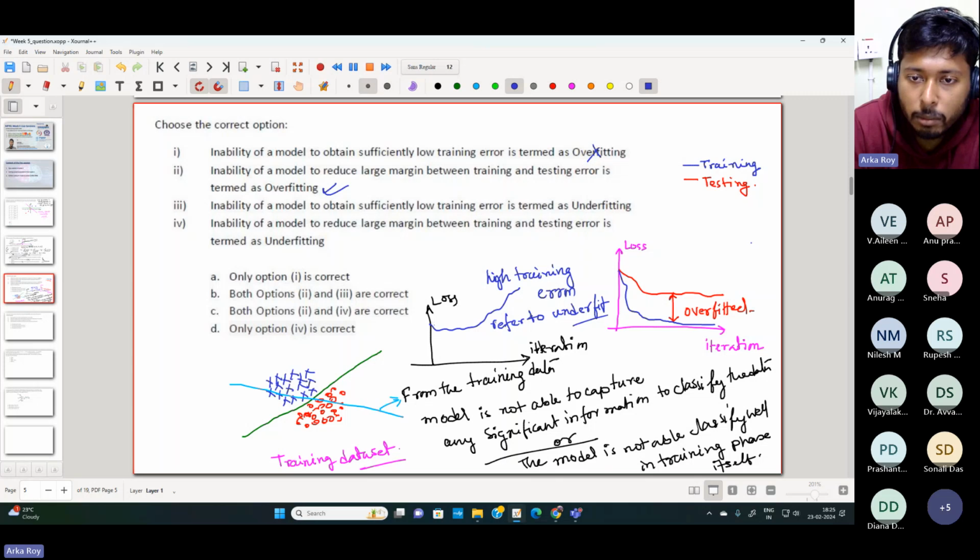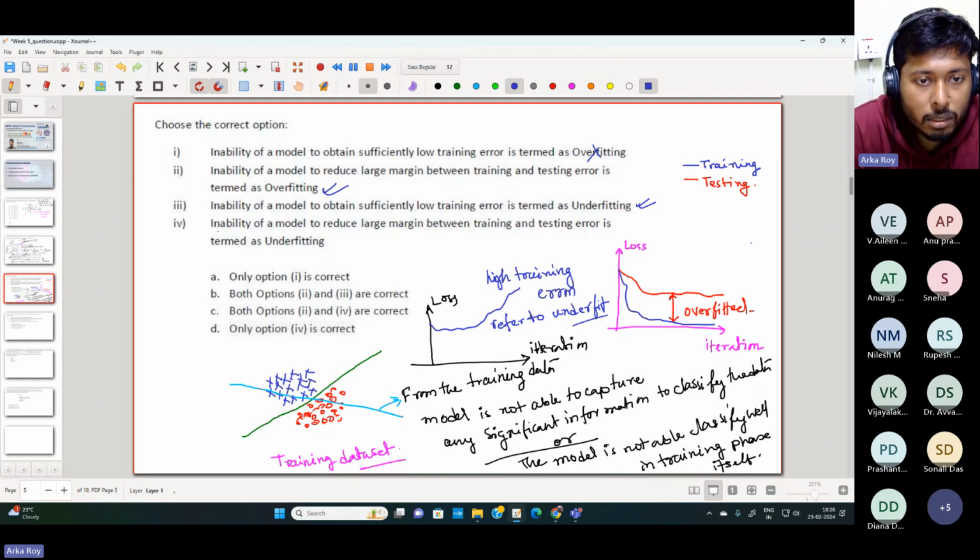The model is achieving very high training error. So this process is called underfitting, and as per the diagram also, we can observe that this is what is referred to by underfitting.